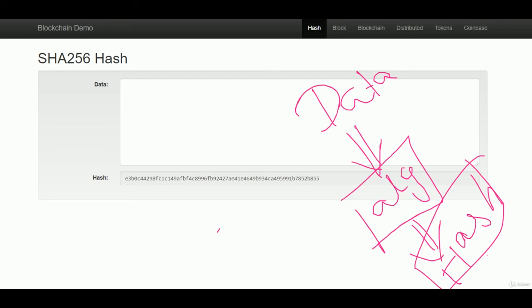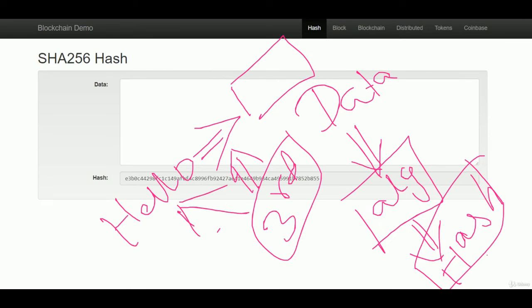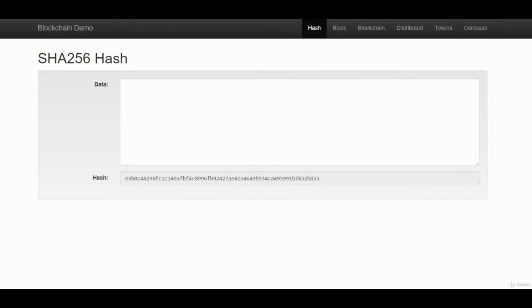For example, if you say hello, and this hello is transferred just like that to the end user, then a third party can attack and manipulate the data. Instead of hello, they can just remove the lo. If you send hell, the meaning is different, right? So that is why we don't want our data to be viewed while doing the transactions. That's why we are going to encrypt the data. That is the reason for going for the hash.